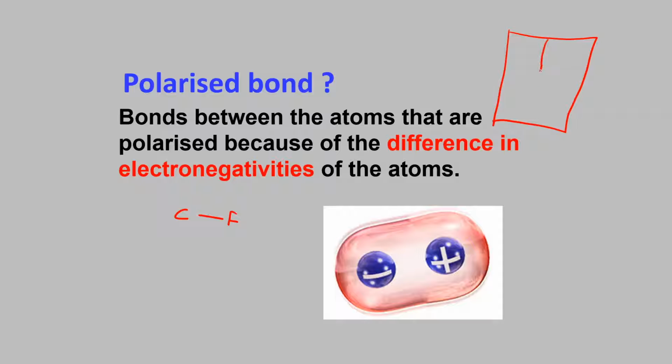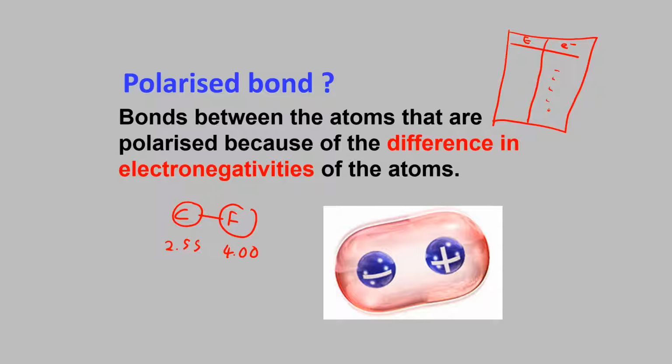It will give the elements here and then the electronegativity here. So don't worry. So a polarized bond means one atom and the other atom have very different electronegativity values. If fluorine is 4 and carbon is around 2.55, that's different, almost double. It means it is a polarized bond.